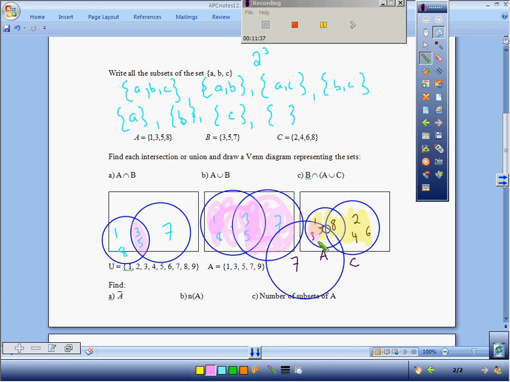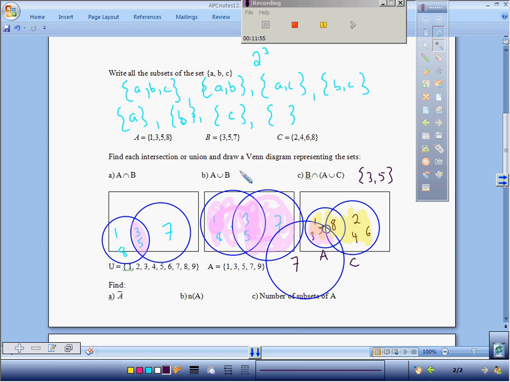Do you guys see that? That would be the intersection of B with A union C. So what numbers would be in that set? Just these two, 3 and 5. See that? Okay.